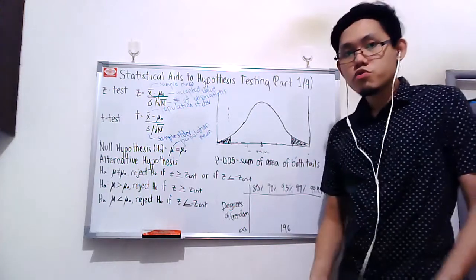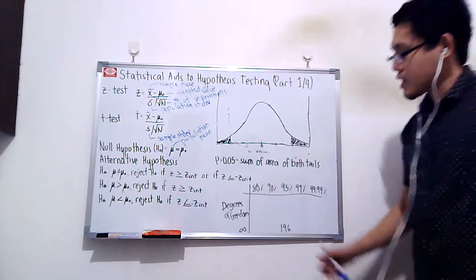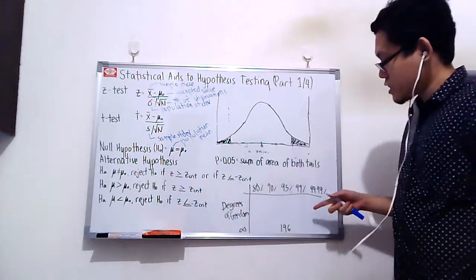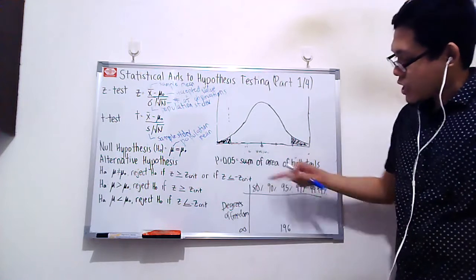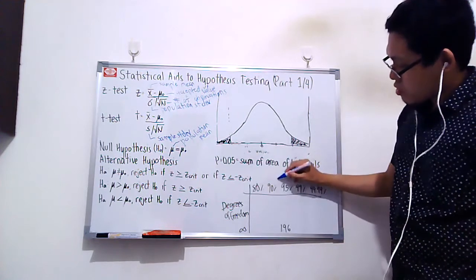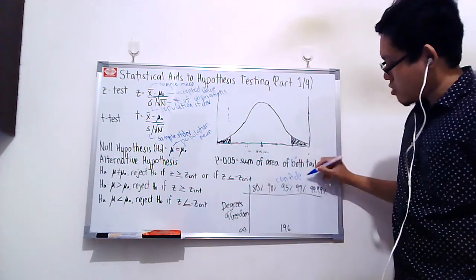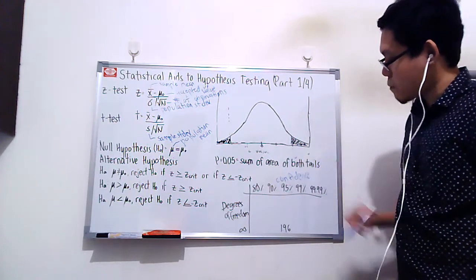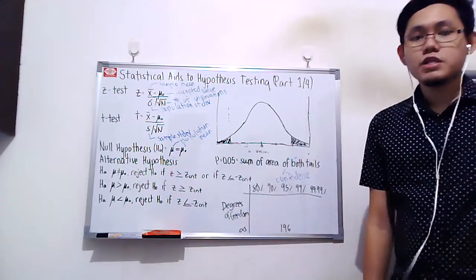Where can we get this Z critical? We have what we call a table. This is the T-table, and it has two axes. It contains the confidence interval, so percent confidence, and then you have your degrees of freedom.